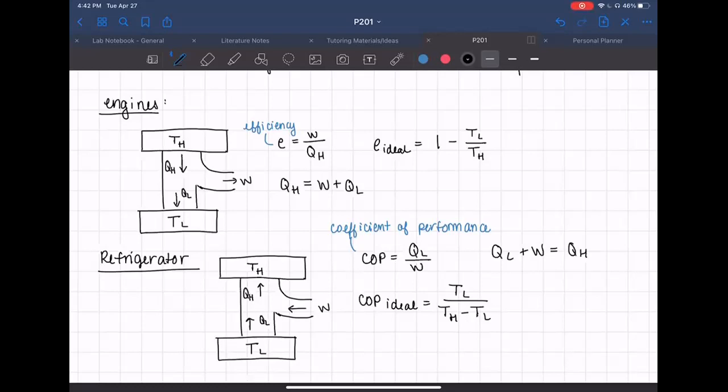So there is, I think, the very last of the new stuff on your practice final: question 10 is for an ideal Carnot engine. So maybe expect an ideal Carnot refrigerator or air conditioner, but a very similar question to that one.